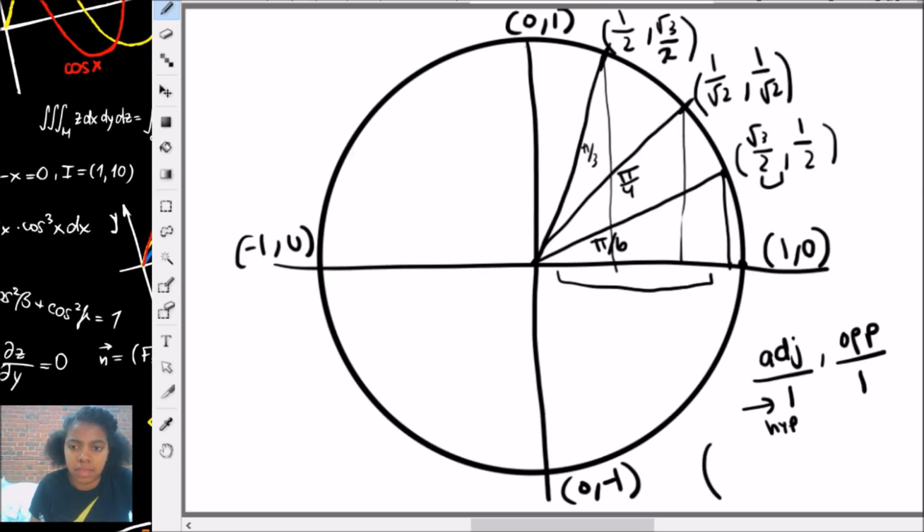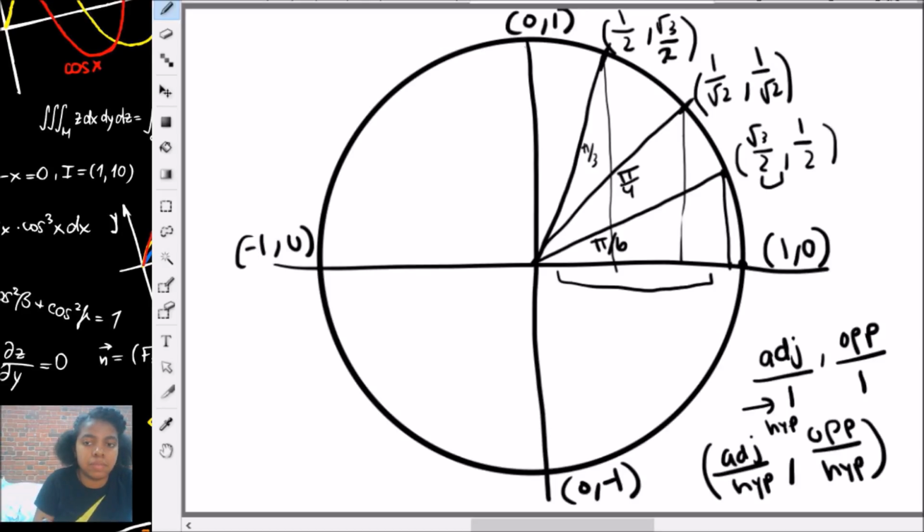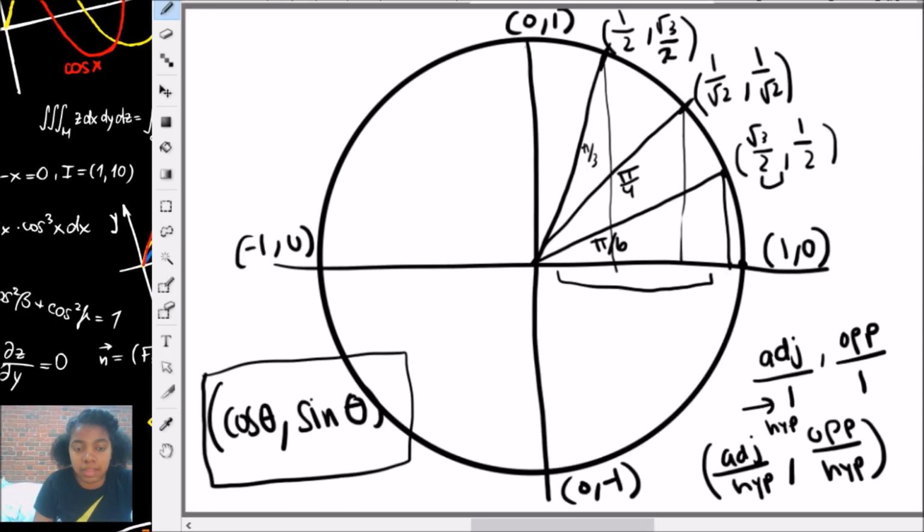So every x value is the adjacent over the hypotenuse, and every y value is the opposite over the hypotenuse, which means every single point is just the cosine of theta and the sine of theta. You can triple check that that's what the points correspond to, every xy, I mean.